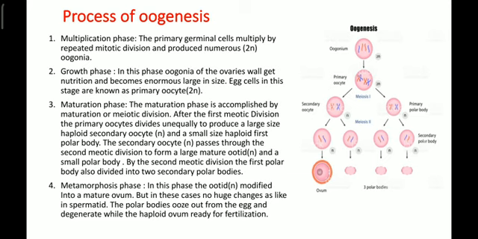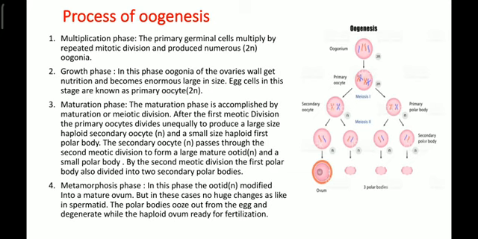Now let's discuss the process of oogenesis. The process of oogenesis is just similar to the process of spermatogenesis. If you can understand spermatogenesis, then you can easily understand oogenesis. Some terminology will be different, but the process is just similar.